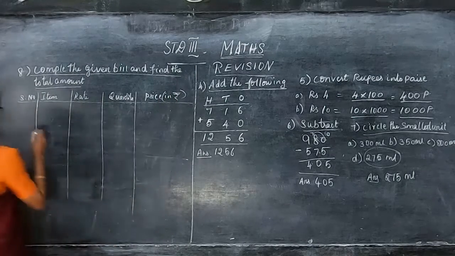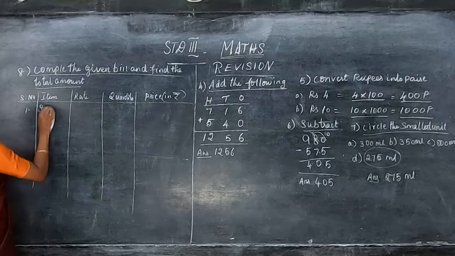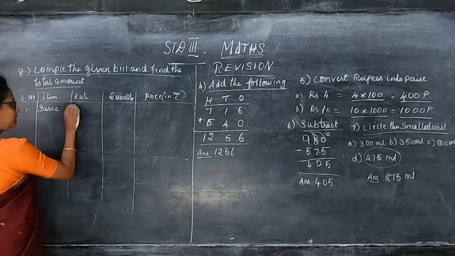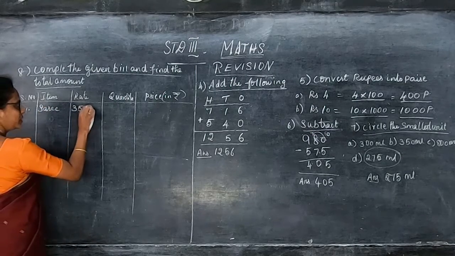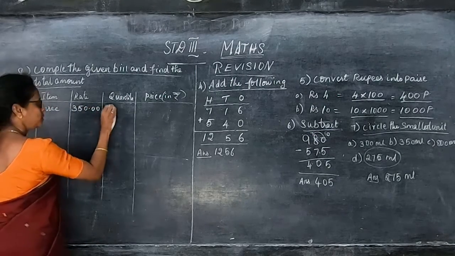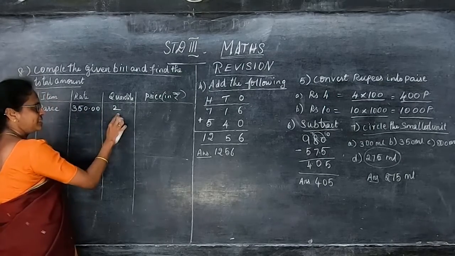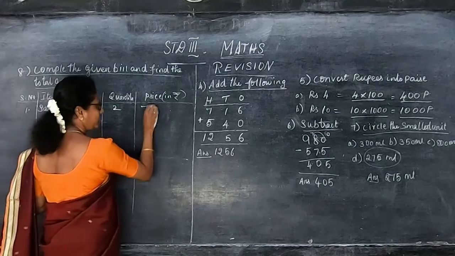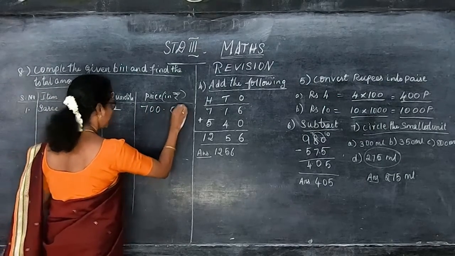Okay, so here I'm giving sari, rate is 350 rupees, quantity is 2. So if you multiply this number 350 into 2, that gives you the 700 rupees.